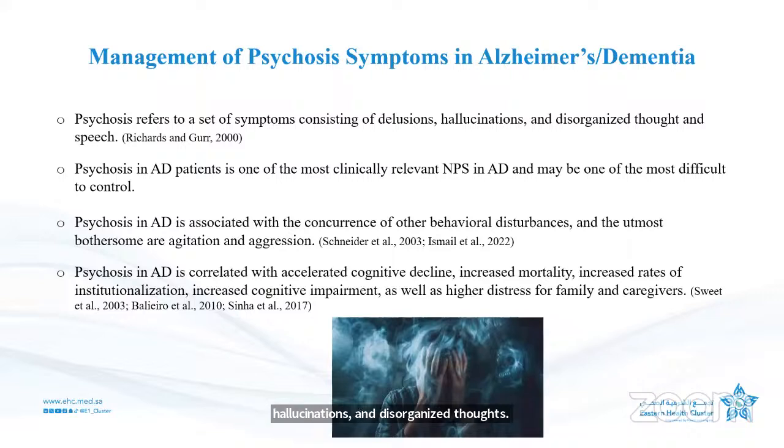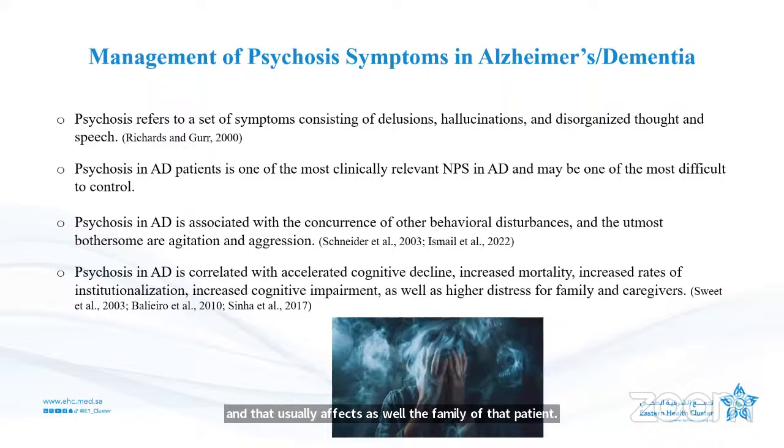Psychosis in Alzheimer's patients is one of the most clinically relevant neuropsychiatric symptoms and may be one of the most difficult to control. It is associated with other behavioral disturbances, and the most bothersome are agitation and aggression, which usually affects the family of that patient as well.